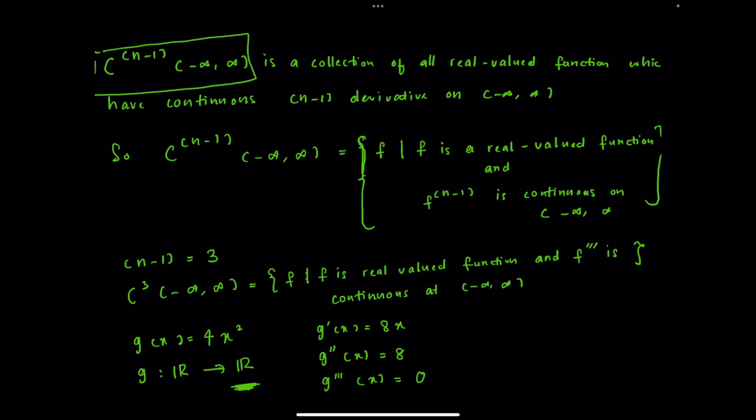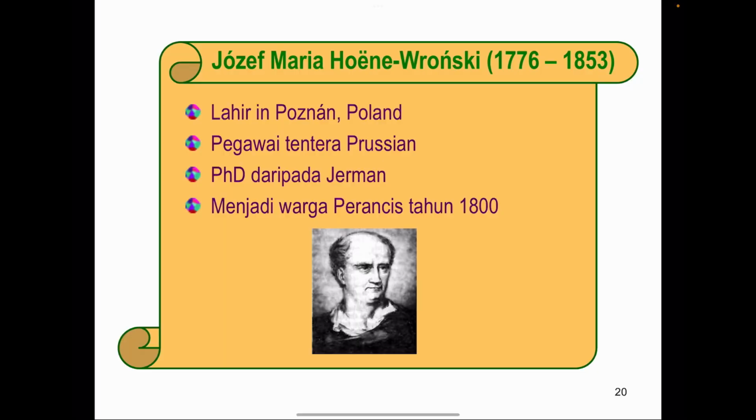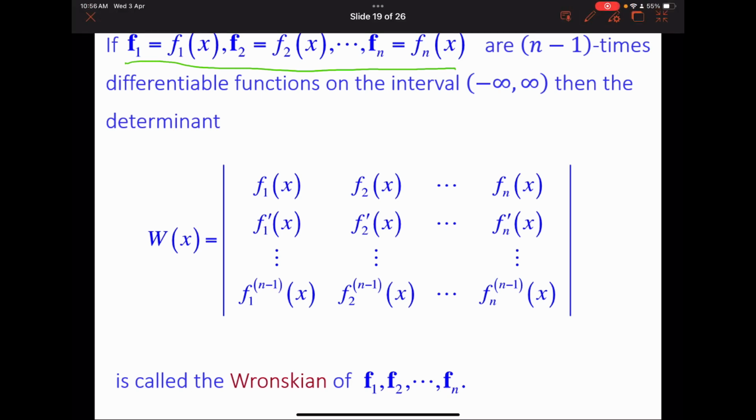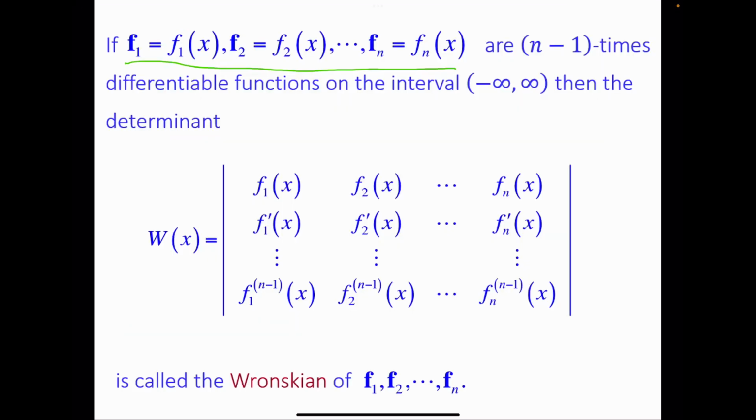Okay, we are going to see a subset of this vector space. How to determine whether a set of these vectors is linearly independent or linearly dependent. So we have n vectors here, and these functions are n minus 1 differentiable.